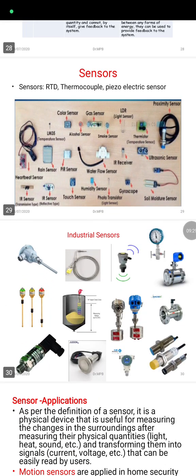This picture shows some examples of sensors used for various purposes: RTD, thermocouple, piezoelectric transducers, PIR sensor, IR sensor, LDR, gas sensor, color sensor, touch sensor, humidity sensor, moisture sensor, ultrasonic sensors, used for measurement of various parameters.